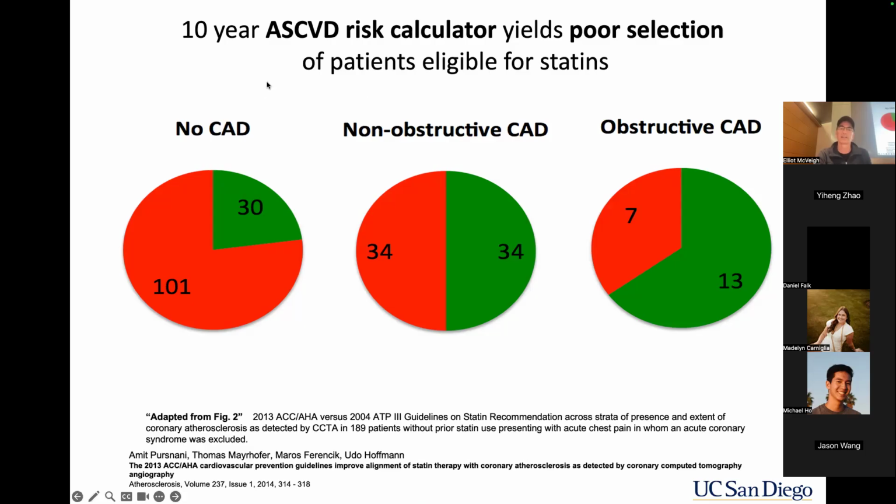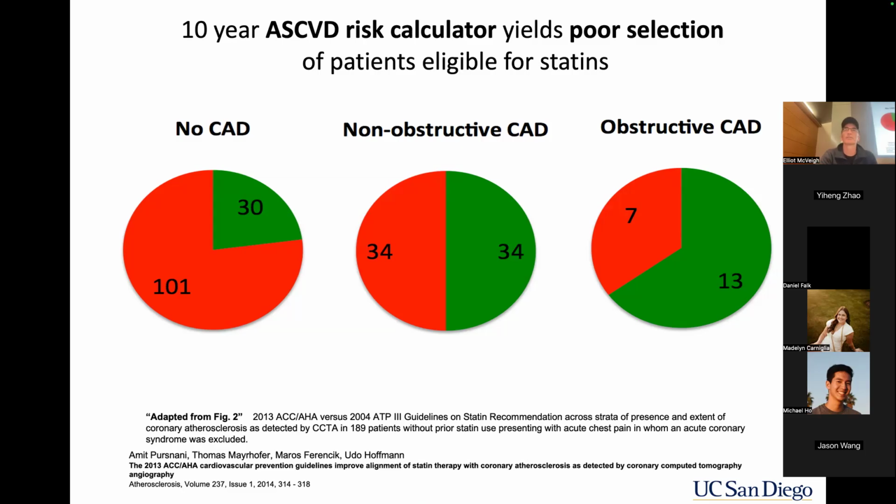Okay. So in one group of patients, 30 out of 131 were found to have absolutely no coronary disease on their CT. So these are people with a stone cold normal CT, big wide open vessels, nothing going on, right?